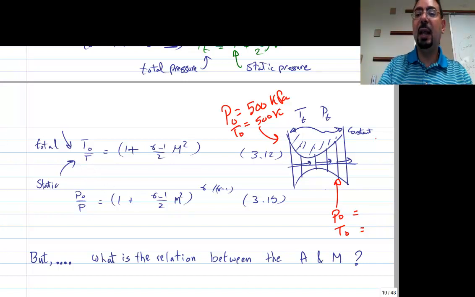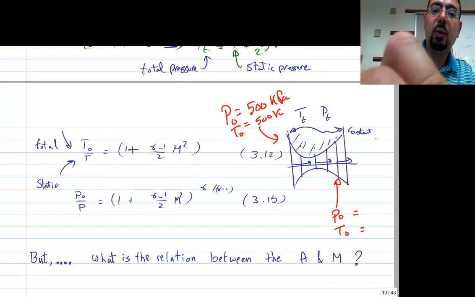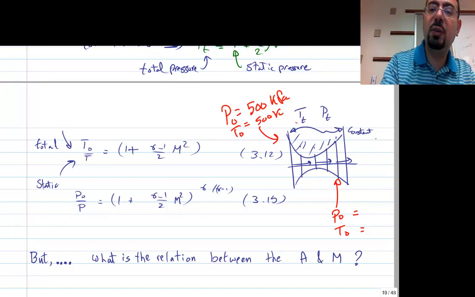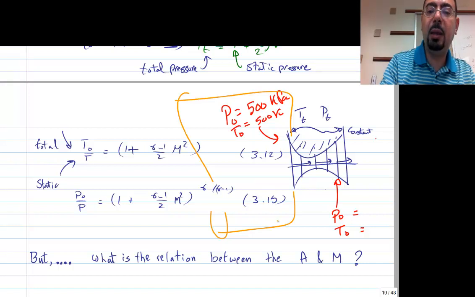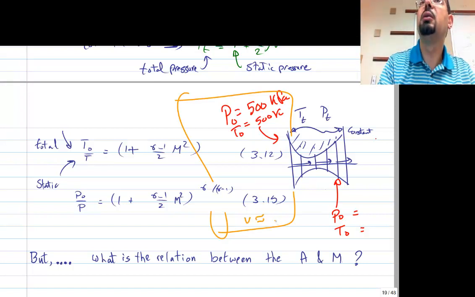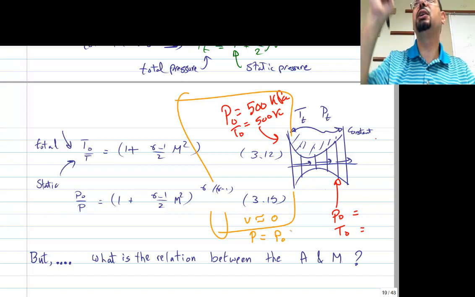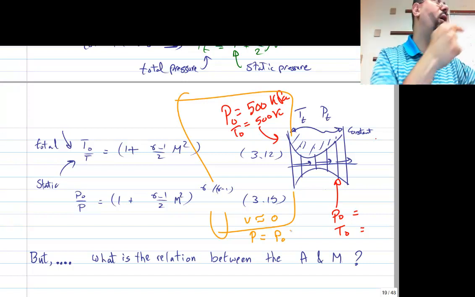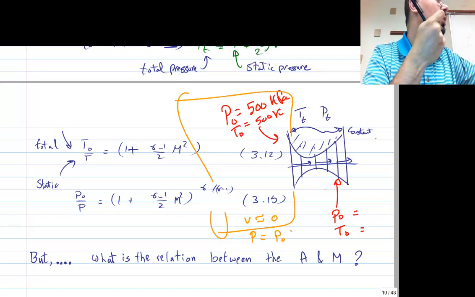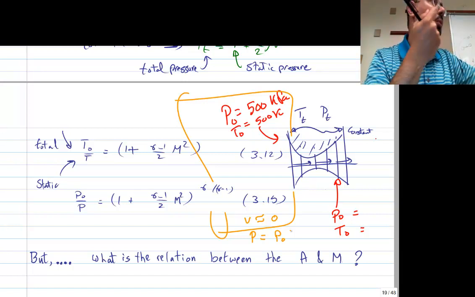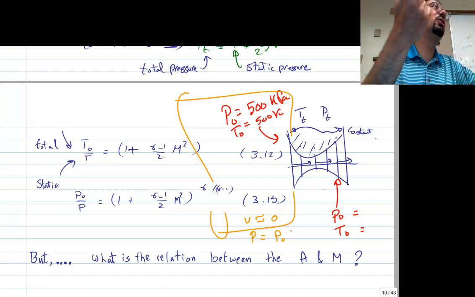Right? Note that at the beginning of the nozzle, when the flow was coming from this huge reservoir, huge chamber, really big, the velocity V here is almost zero. And the pressure is P naught, the stagnation pressure. So in the reservoir, because the velocity is so small, the static pressure is also the stagnation pressure, because V is 0.